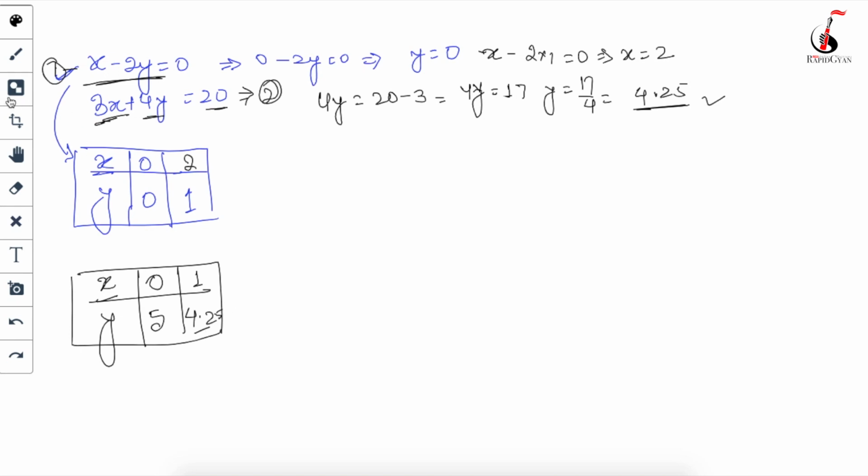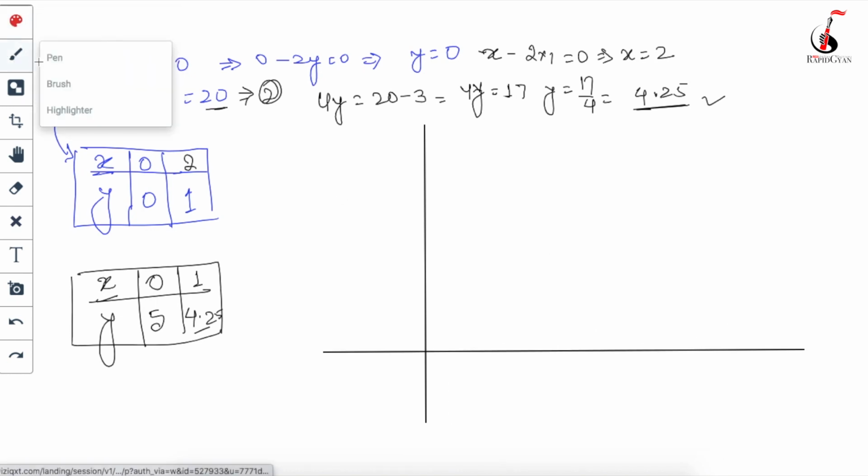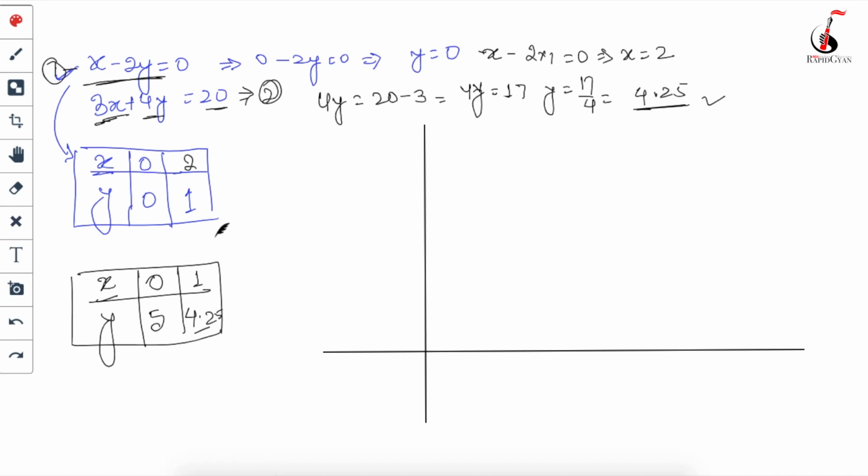Okay. So now what are we going to do? We are going to draw this on the graph. So see here, this is your y-axis, this is your x-axis, and these are the points. So for equation 1, this point will be 0 comma 0. Correct? 0 comma 0 will be this point.